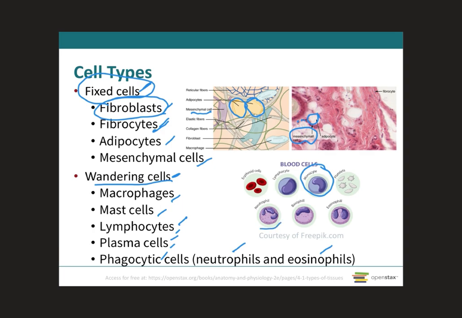Once they get there, they destroy the microbes, and they're also the first immune cells to arrive at the infection site. Eosinophils, on the other hand, are also white blood cells that migrate to sites of infection, but this time it is parasitic infection, where they will cause an allergic response.